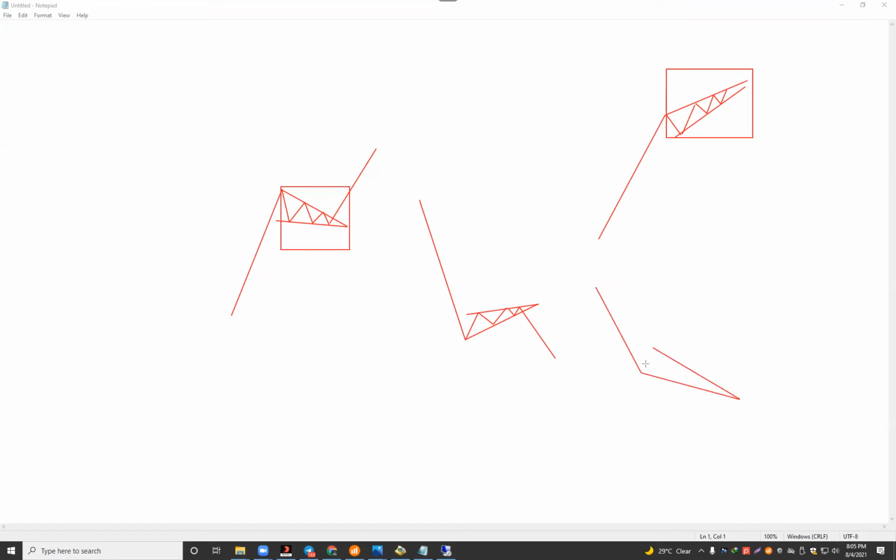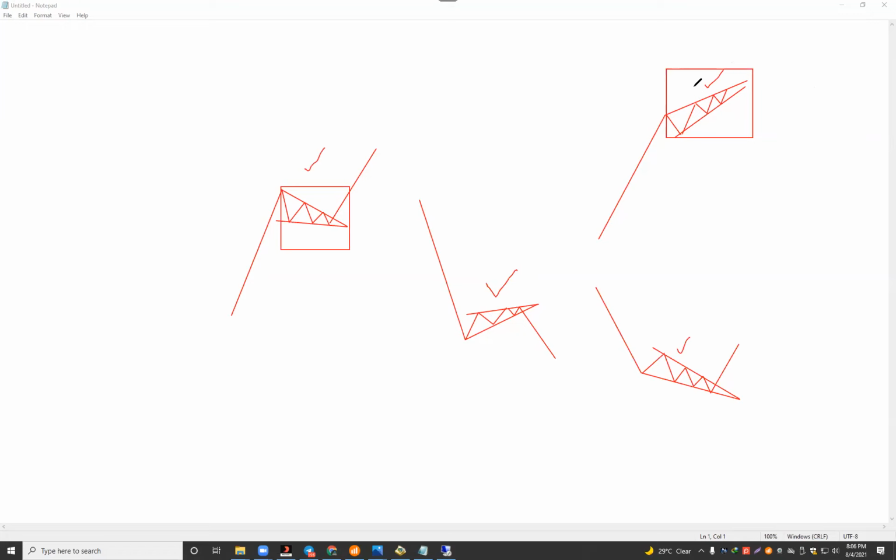Compare this pattern and compare this pattern. What is the difference? Sir, highs and lows, but in a down direction.